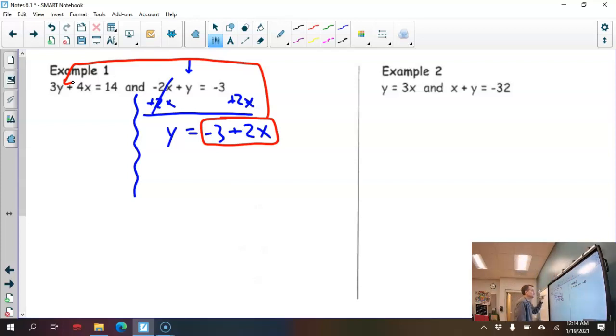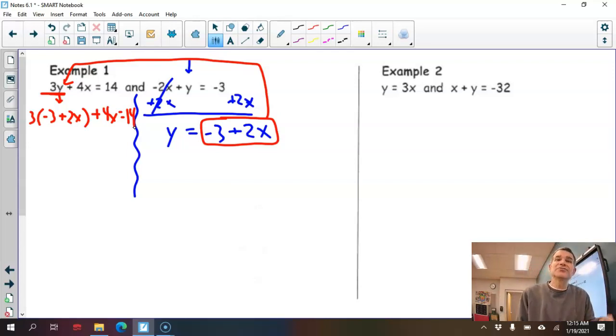So I'm going to rewrite the other equation. But instead of 3 times y, I'm going to write 3 times (-3 plus 2x). That is 3 times y. I just substituted what y equals. Plus 4x equals 14. So I'm rewriting the other equation when I make the substitution.